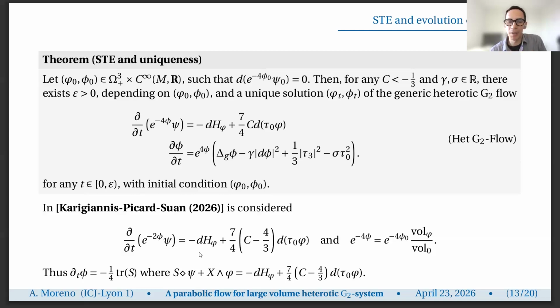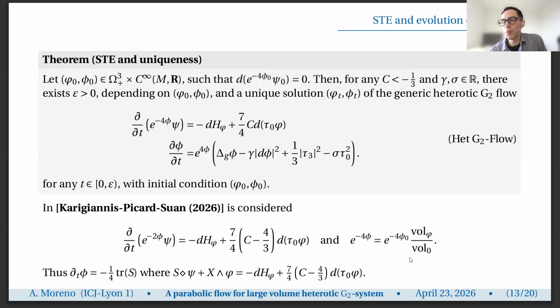In their paper, the flow equation is written in a quite different way, so I tried to write the flow in our notation, and in our notation that flow is going to be as given here. In some sense, their C is a translation of our constant C. And the difference is that the dilaton is constrained by this volume condition.